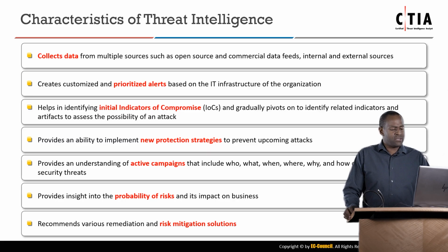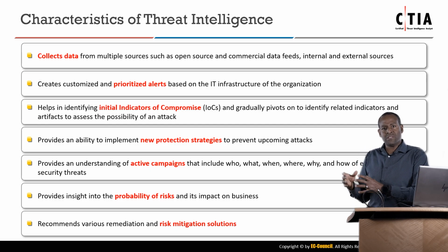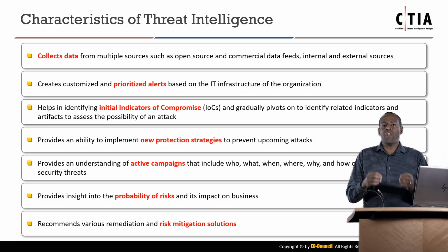Next, provide insight into the probability of risks and its impact on business. One of the areas in this bullet point that I find is that depending on the business units, different business units and different areas of expertise tend to focus on only their area, irrespective of whether it's a highly risky area or not.